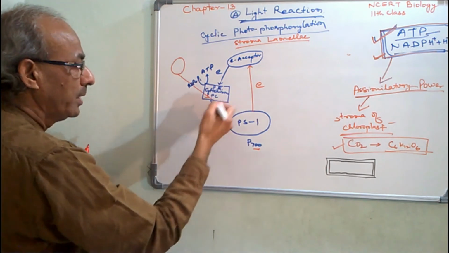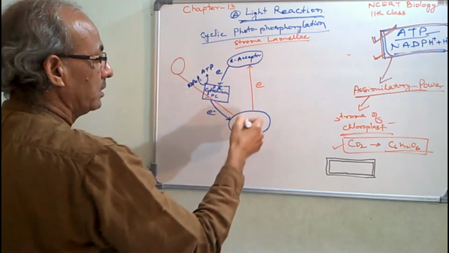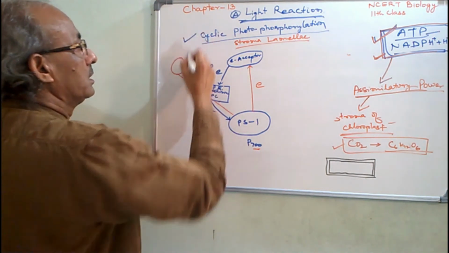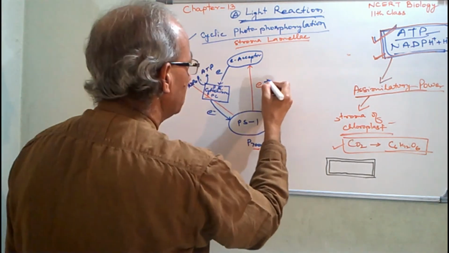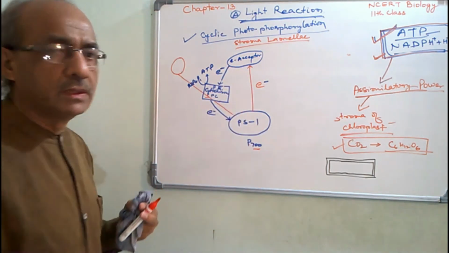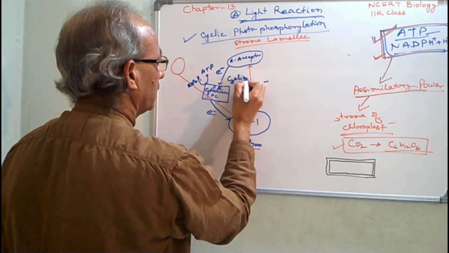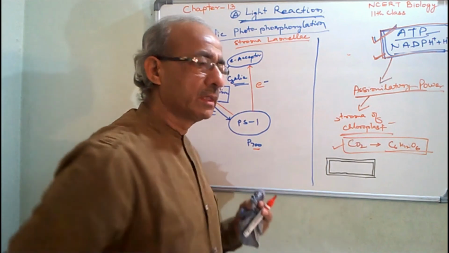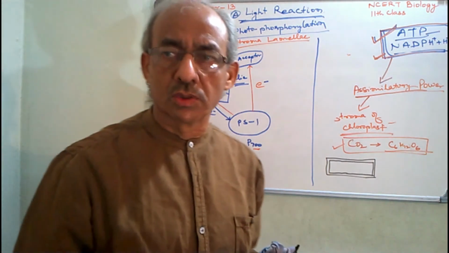Thus here the movement of electron is cyclic in the case of photosystem first, because only photosystem first is participating. So in the case of cyclic photophosphorylation, the electron moves in a cyclic way, again returning back to the point from where it started the movement. Clear? This is cyclic. And in this way we completed both non-cyclic photophosphorylation and cyclic photophosphorylation.